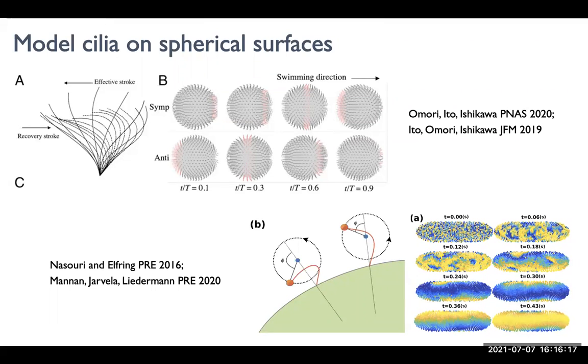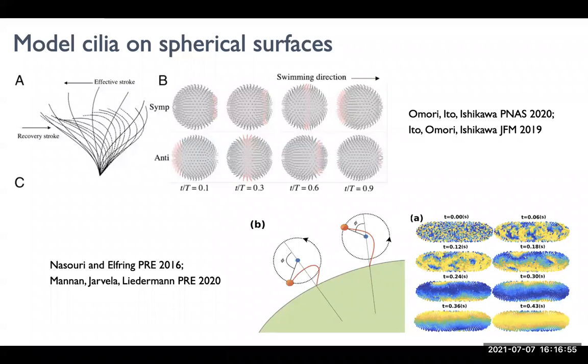It's not the most pleasant of Green's functions to deal with, but there is one for a no-slip spherical surface that you can utilize in the model. And it has been shown that if you allow these rotors to move around in a plane locally parallel to the spherical surface, metachronal waves are linearly unstable. So you can get synchronization, but you don't get metachronal waves.